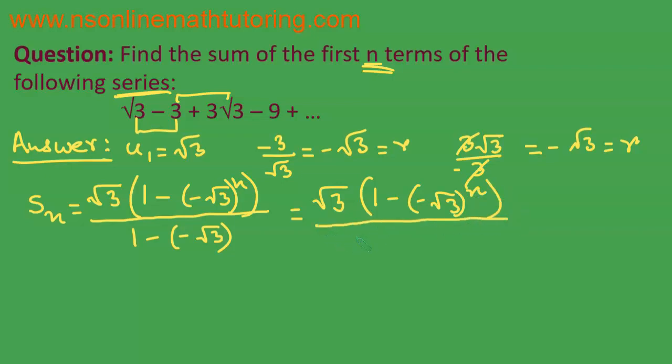But the denominator gets changed to 1 plus root 3. And usually we do not keep an irrational number in the denominator, so we have to rationalize. We will be multiplying both the numerator and the denominator by 1 minus root 3.